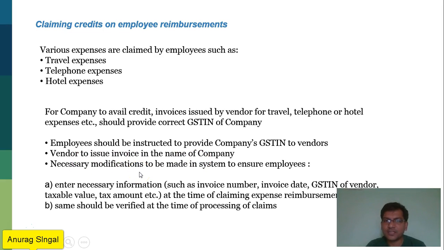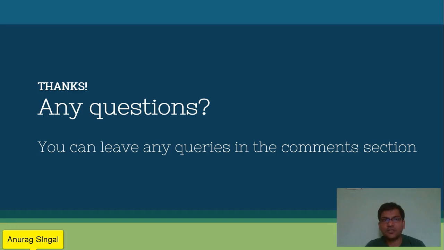Therefore, make system modifications in this regard. Enter necessary information such as invoice number, invoice date, GSTIN of vendor, taxable value and tax amount if you want to claim a reimbursement, and it should be verified at the time of processing of the claims.